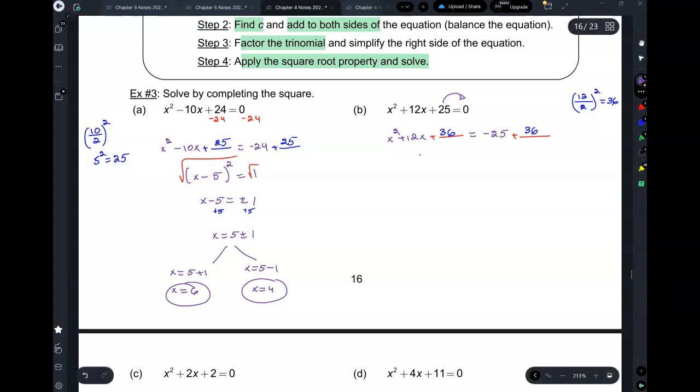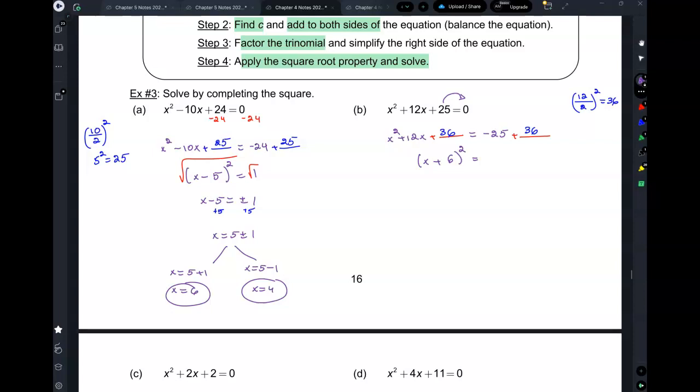Okay, so factor this. x, what number goes there? 6 plus or minus? Plus. Equals. Okay, tell me, what's 36 minus 25? Look at your calculator. 11. Okay, 11.